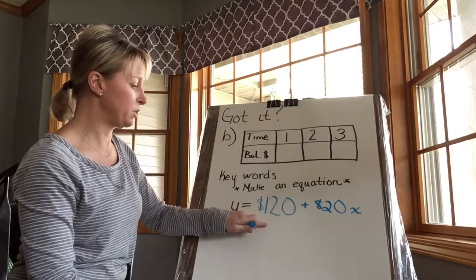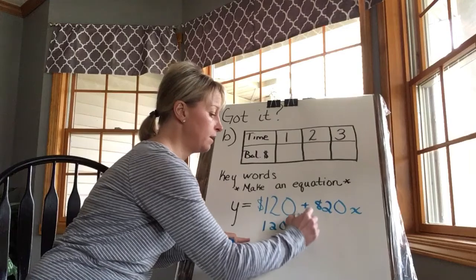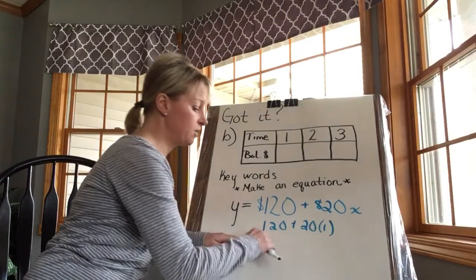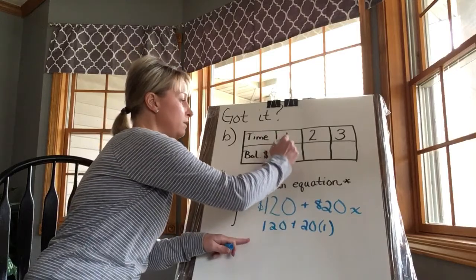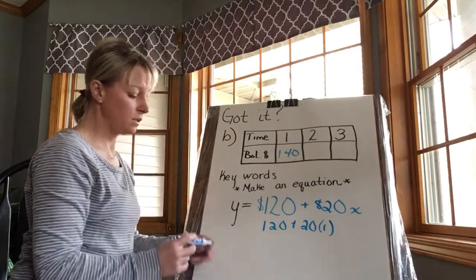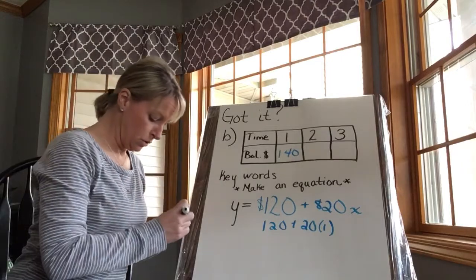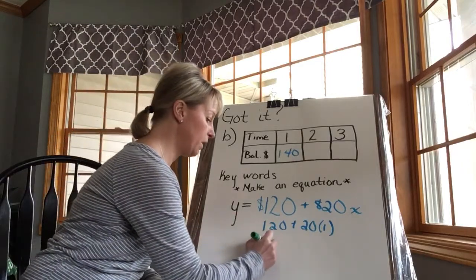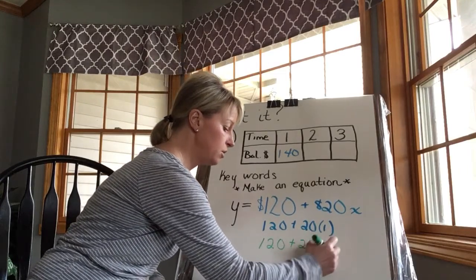So if our equation is $120 plus $20 per week, to figure out the chart, our time is the week. So in 1 week, we would take 120 plus 20 times 1. So that's 120 plus 20, which is 140. That's week 1. Week 2, we start with 120 plus $20 times 2.